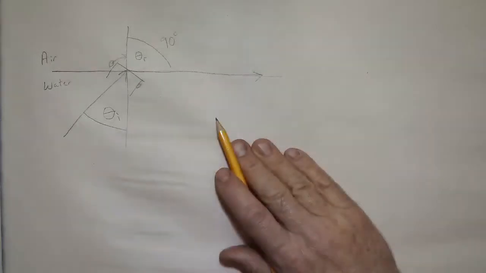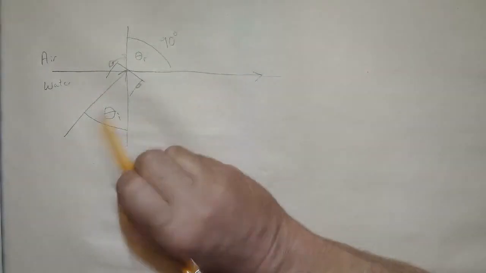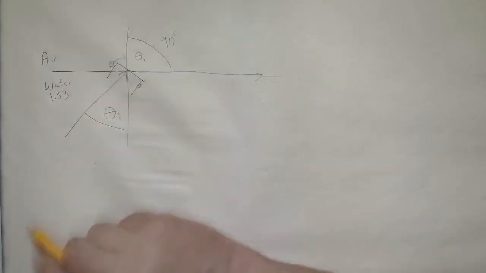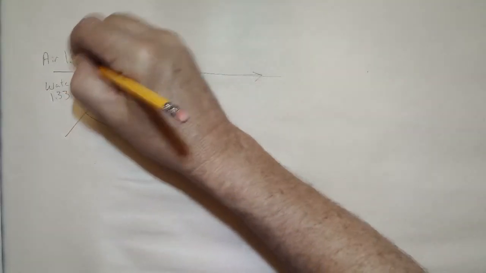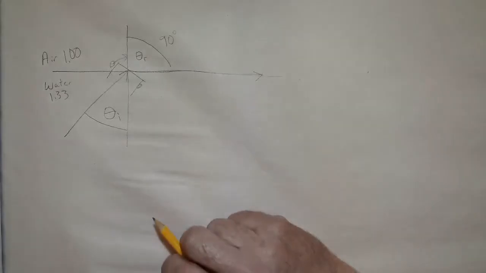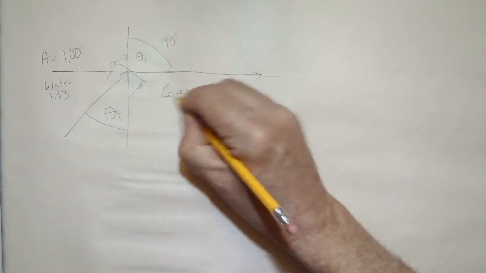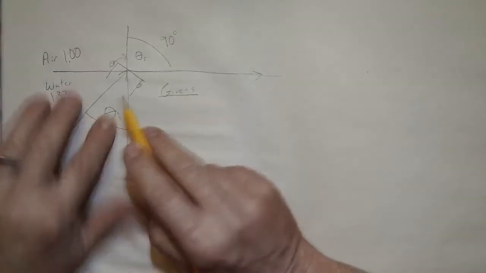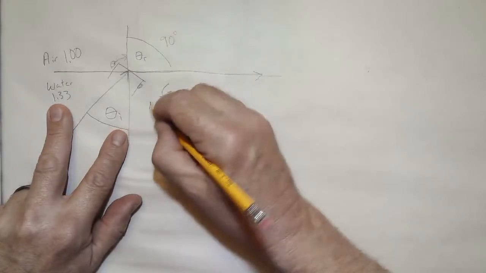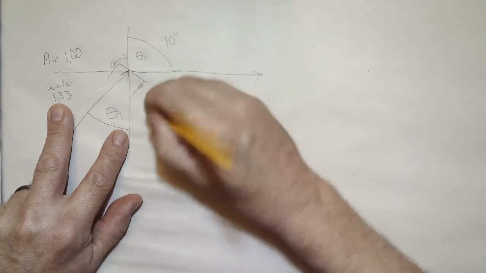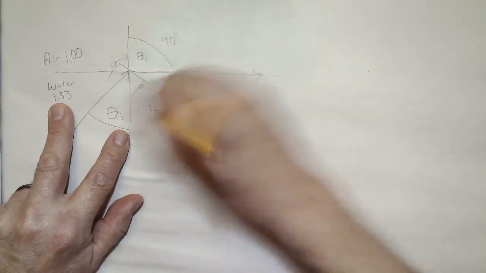Okay, so how am I going to set that up? Well, the incident medium is going to be the water, and the refractive index of water is 1.33. Air is 1.00. Fine. So let's use Snell's law. Let's put down the givens properly first.